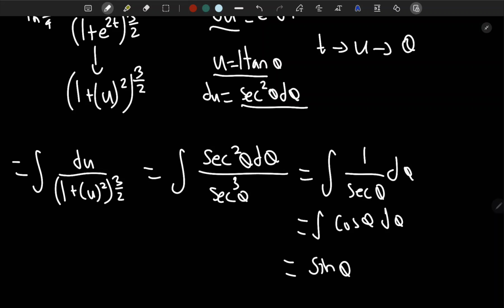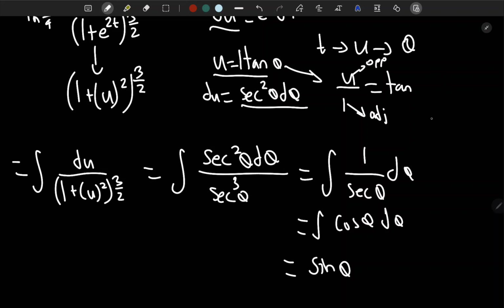Now what is left to do is to go back to our t, to u first and then to t. So here we need to go back to our equation, which is this one. So u over 1 is equal to tan, and we know that tan is opposite over adjacent. So u is the opposite side and this is the adjacent side, and we need sine over here.